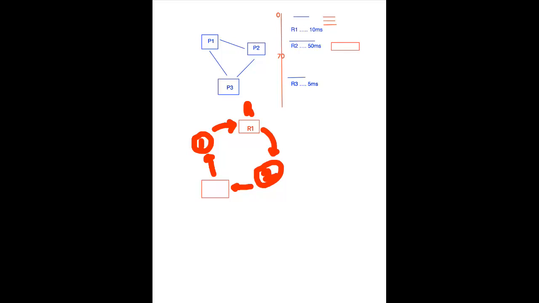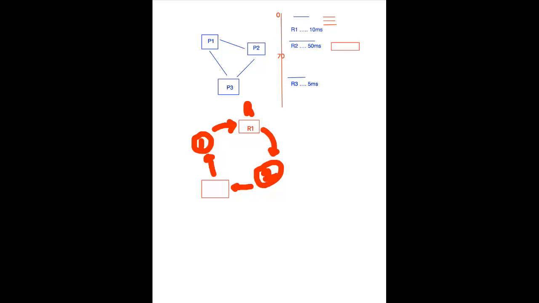But R1 is allocated to P1, R2 is allocated to P2, and now both are waiting for the other resource. One of the solutions here is to impose a total ordering of the resource types.